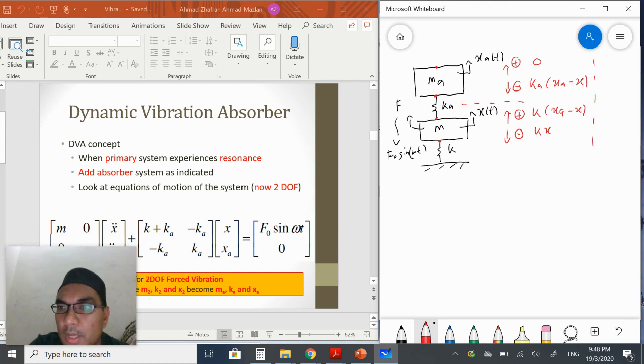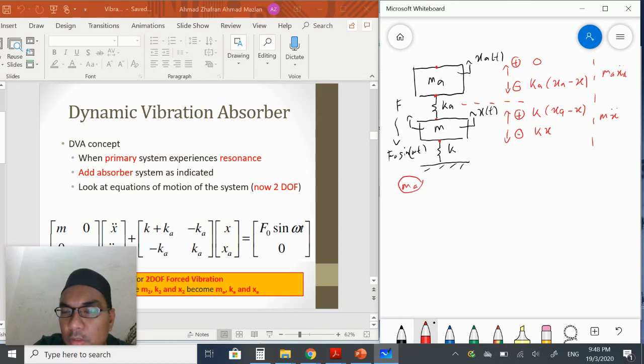Of course the total for MA is MA XA double dot, and for the primary part it is MX double dot.